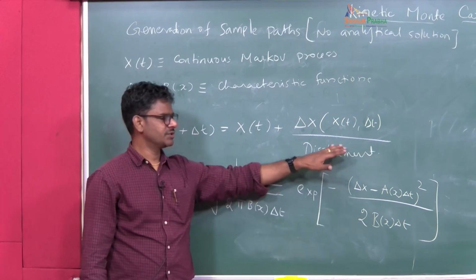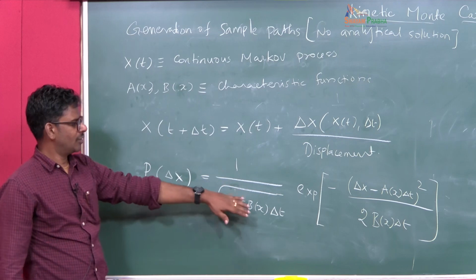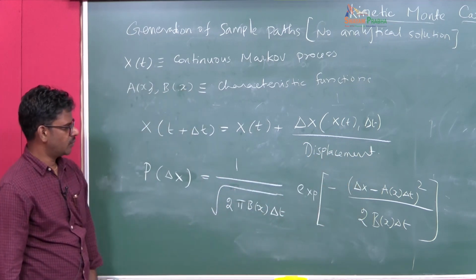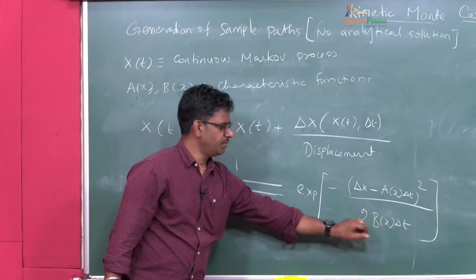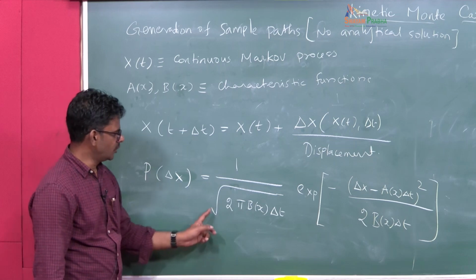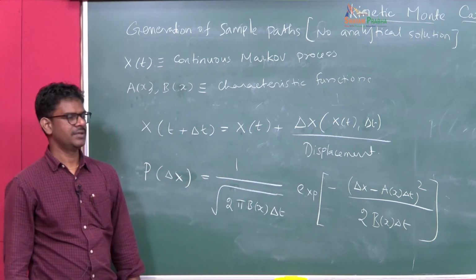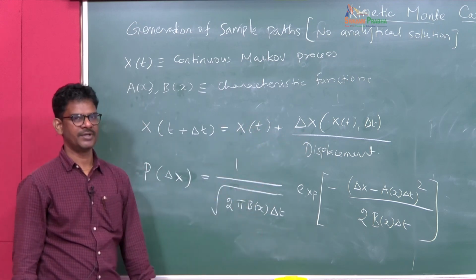This happens because this is a continuous Markov process, and we also apply the central limit theorem. I am skipping the details, but if we know a and b, you can use this distribution to generate delta x as a Gaussian random variable, and then you keep adding this by generating over subsequent time intervals.